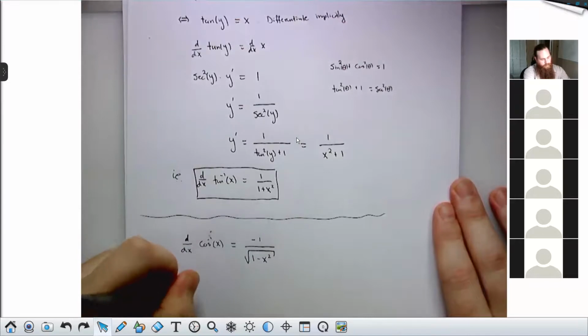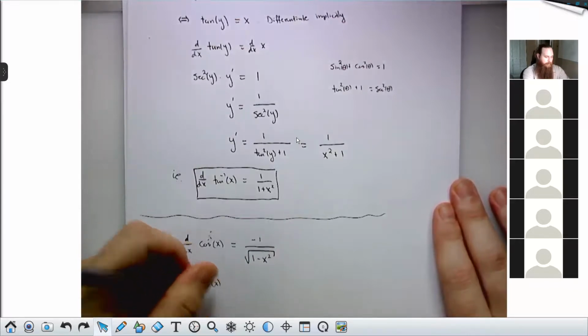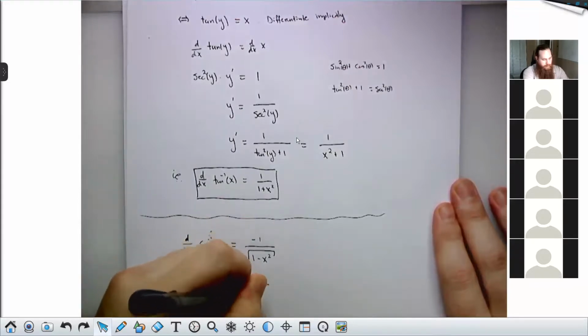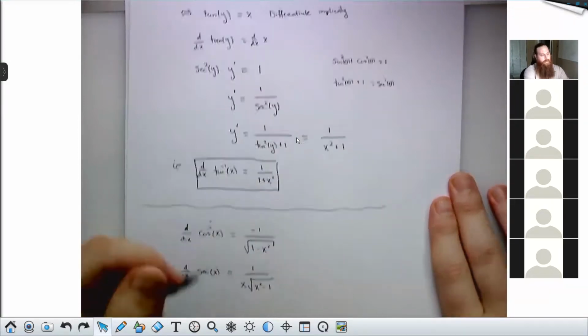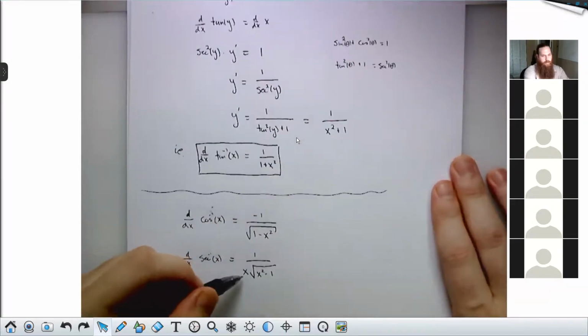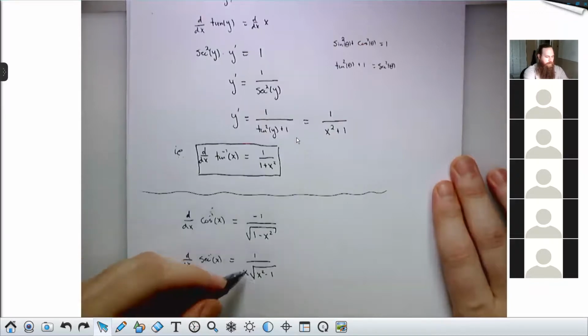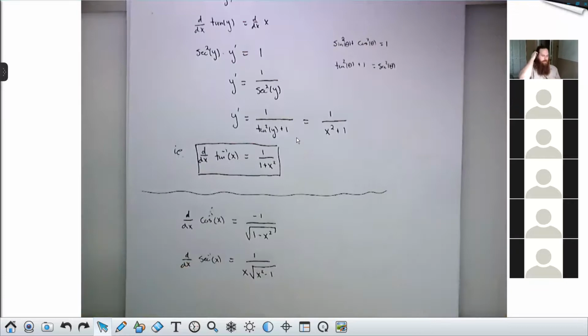The derivative of the inverse secant function is 1 over x times the square root of x squared minus 1. And sometimes you'll see an absolute value here. But because of the domain restriction we use, you can leave off the absolute value. It's a subtle thing, and you won't need to stress about it in this class or in Calc 2.